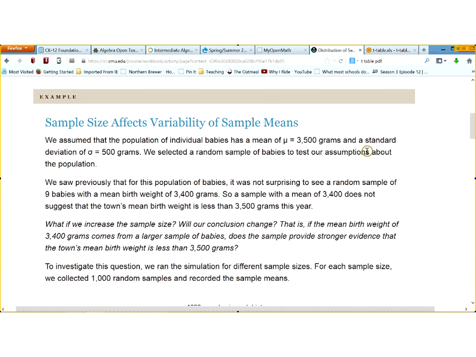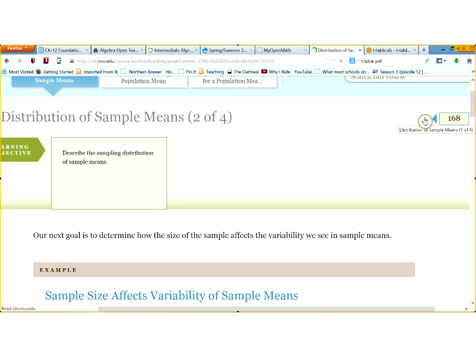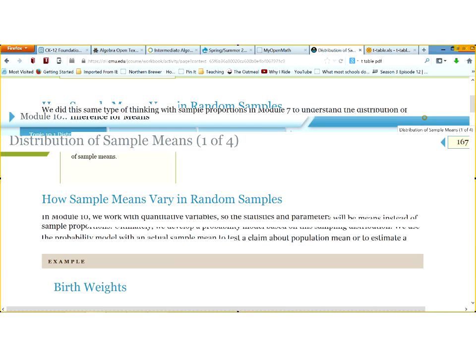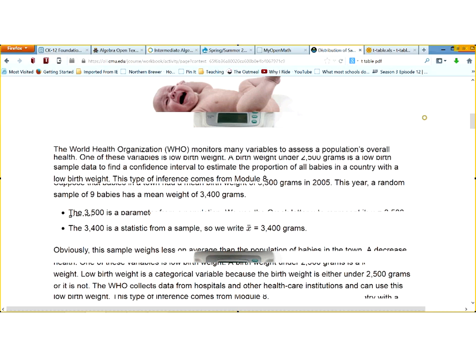We selected a random sample of babies to test our assumptions about the population. Let's go back to that page and look at that example, so you can see what the results were and see how we would do this question on the calculator.